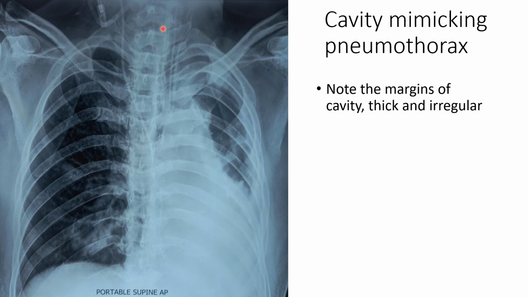I assume that it is shifted to the left side, so that also goes against pneumothorax. Even if you see that we are not able to see the pleural margins and other findings suggestive of pneumothorax. So whenever I encounter a similar situation, it's better to be on the safer side by taking a CT scan.